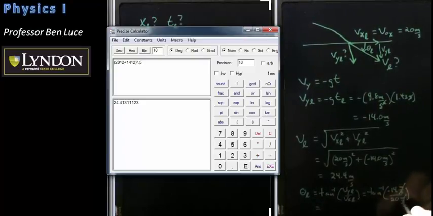The units cancel. So we have arctangent of minus 14 divided by 20, or minus 35.0 to 3 sig figs, degrees.